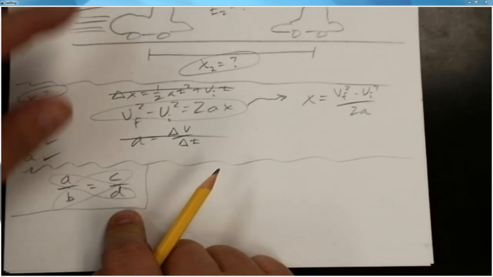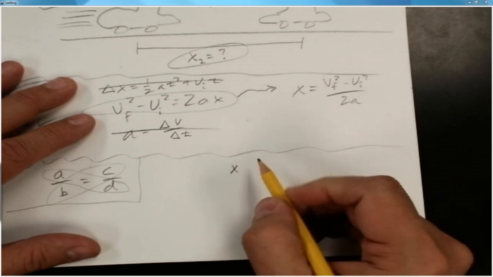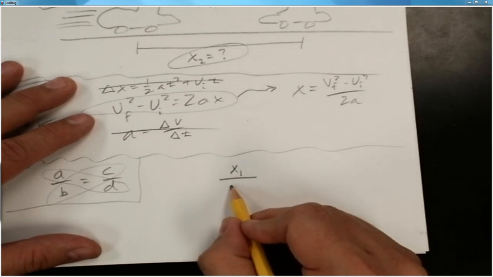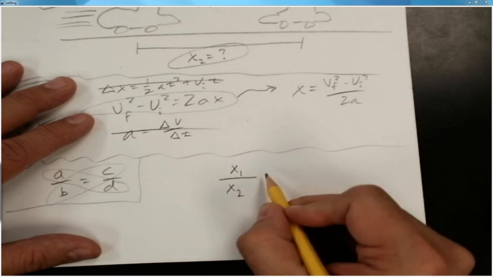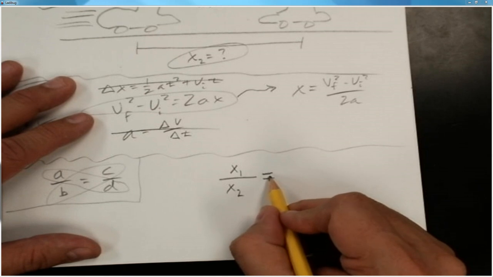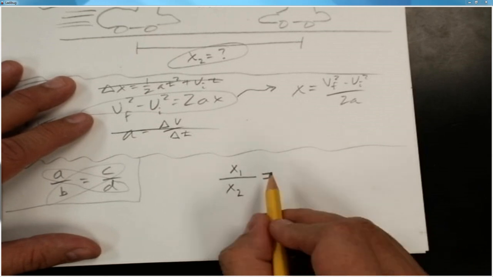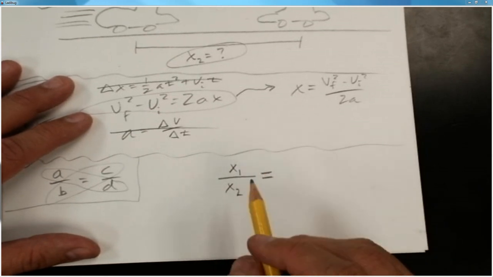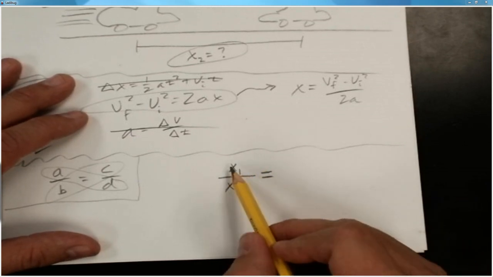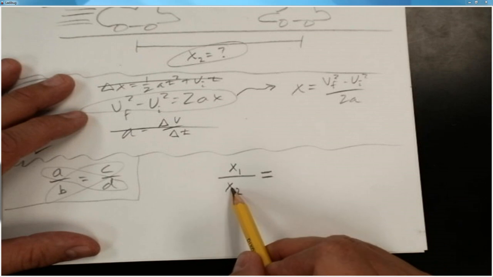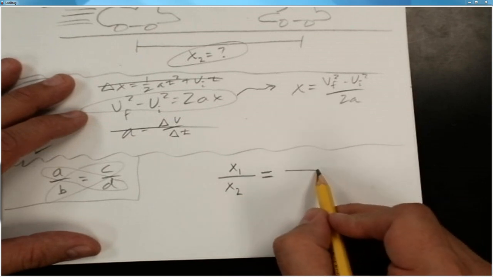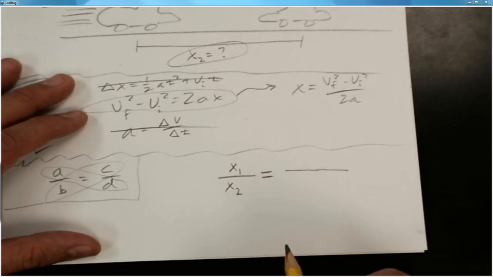So here's what I'm going to do. I'm going to say the distance in the first situation needs to be compared to the distance in the second situation as, see, the equality can be referred to as "as" instead of "is." I don't know if your teachers ever told you that in math class. The first quantity is compared to the second quantity as this third quantity is compared to the fourth quantity.